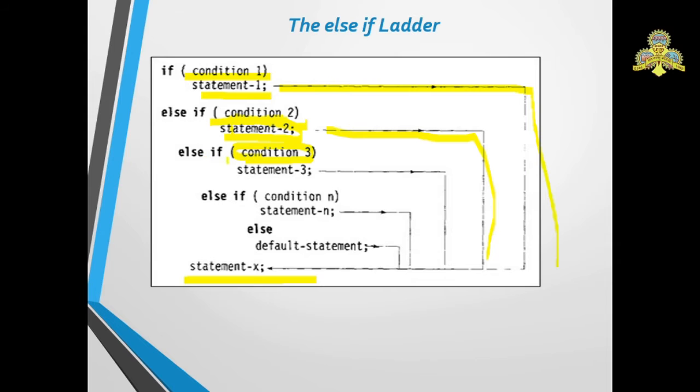Here we are testing condition 3. If condition 3 becomes true, then statement 3 will be executed and the control is transferred to statement X.